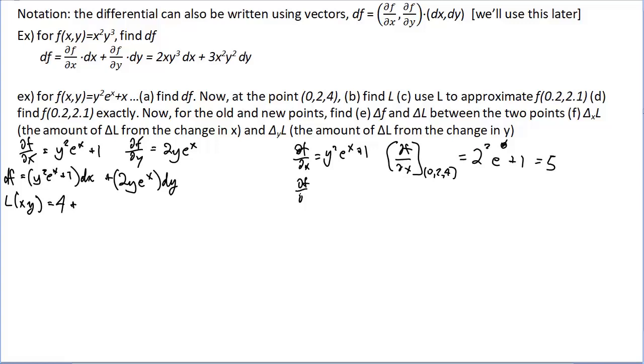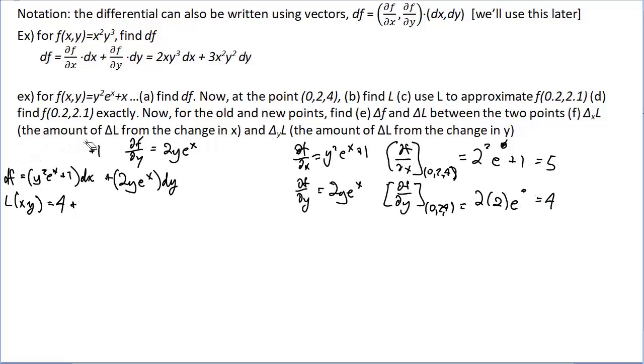And then df dy was 2y e to the x. df dy at the point 0, 2, 4 is just 2 times 2 e to the 0. Work that out and you just get 4. Okay. So now I just put all this work on the other side.